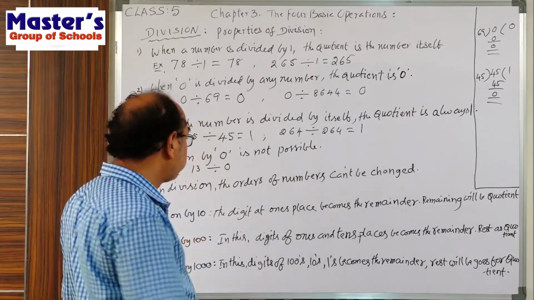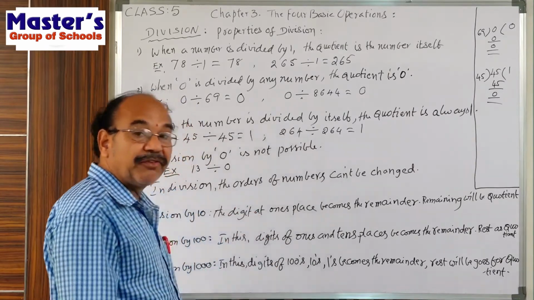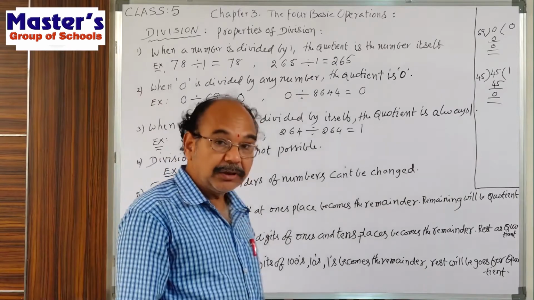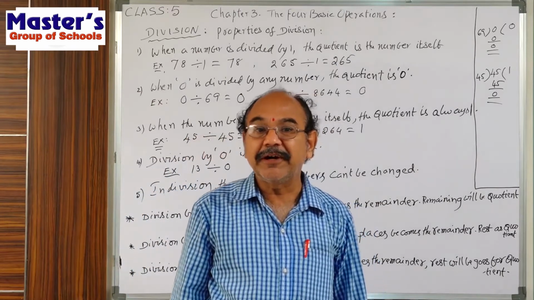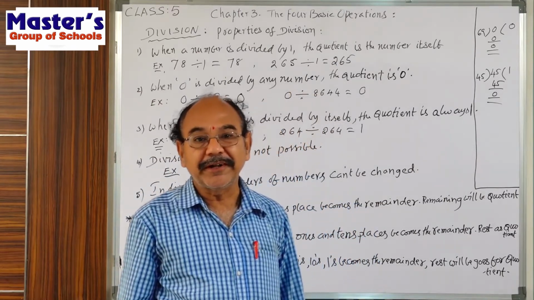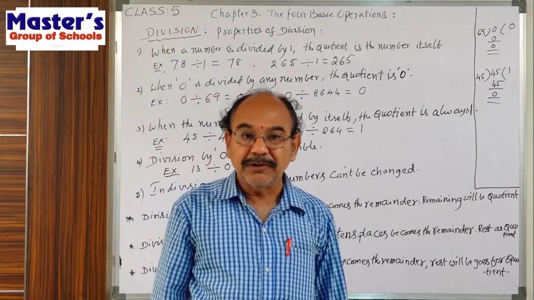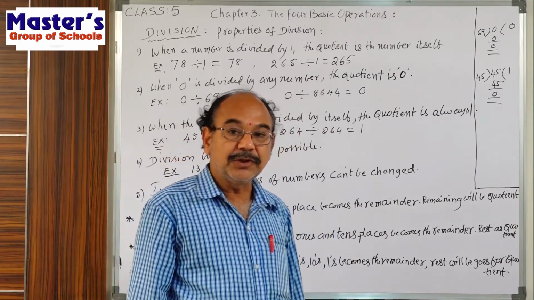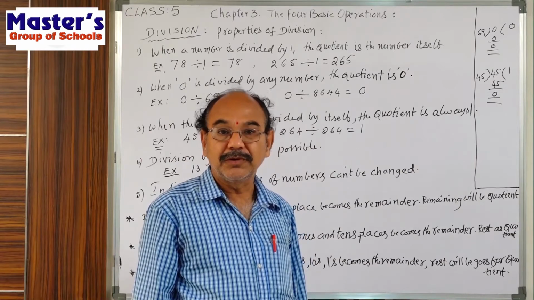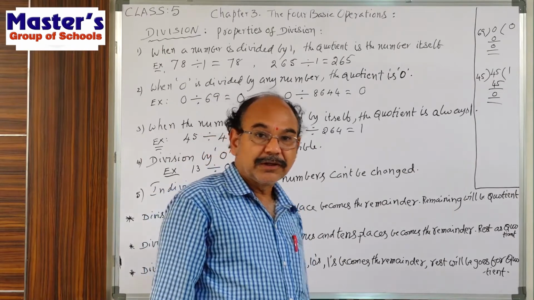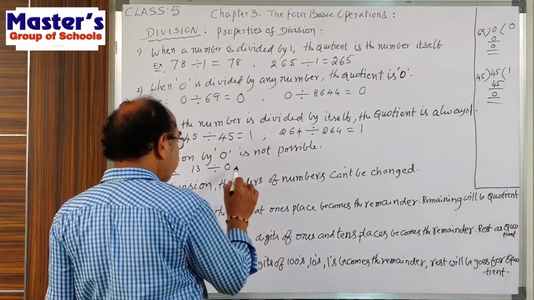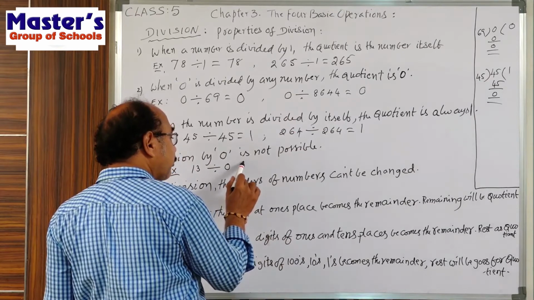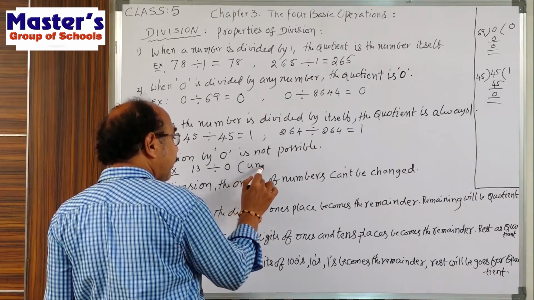Not possible. Division by 0 is not defined. It is undefined. We can't divide with 0. There is no division with 0. So here for 13 by 0, in the brackets what do we write? Undefined.